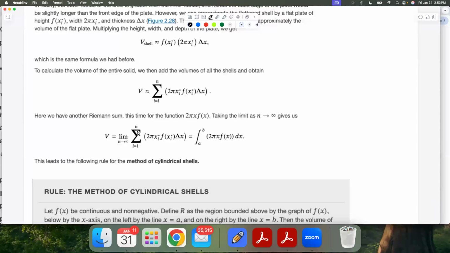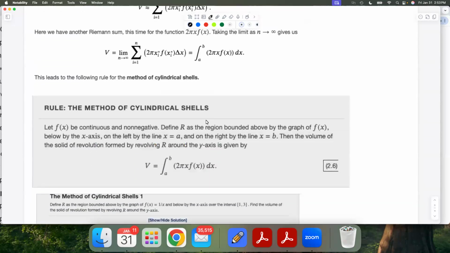When we take this limit, this Greek letter sigma becomes our elongated letter S. That delta x becomes a dx. So if we want a formula for the method of cylindrical shells, here's our formula. This is not the way I want you to think of it, though.